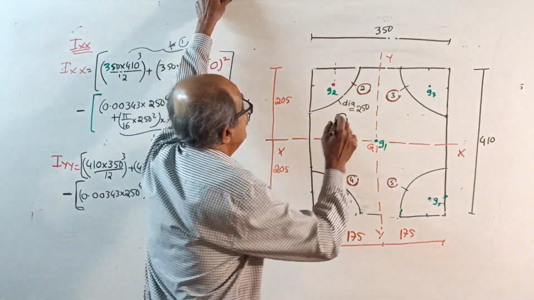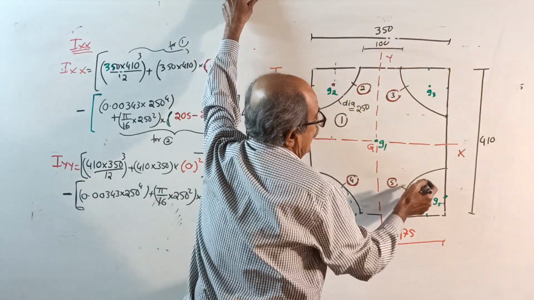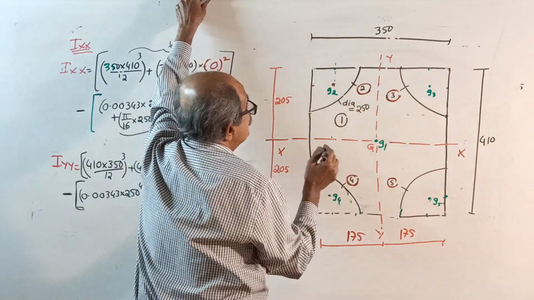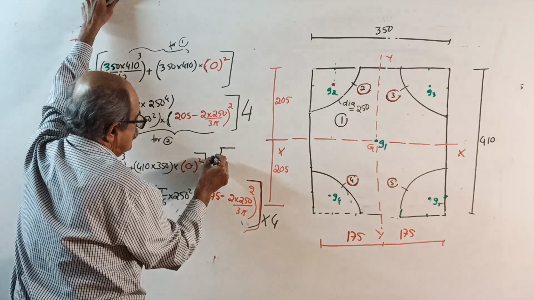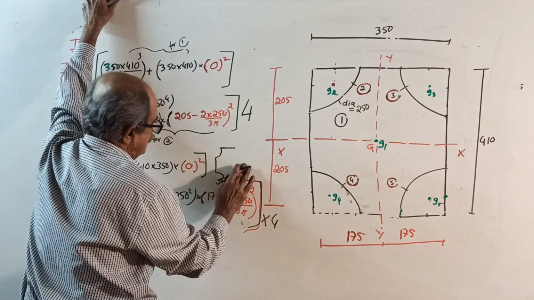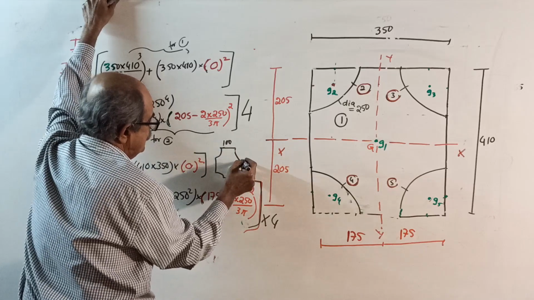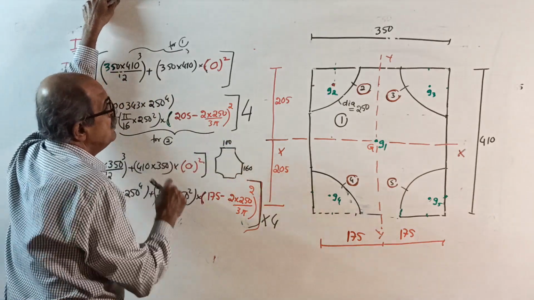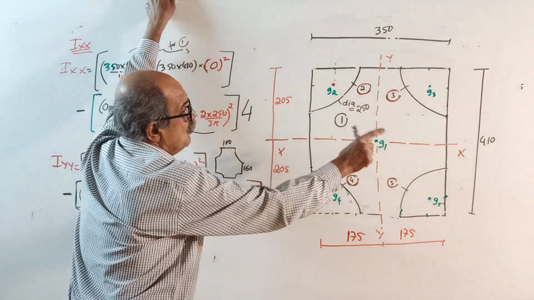But see, in the question, this one they told is 100, and this one they told 160, I think. Make a note afterwards. This they told 100, this they told 160. That's why 100 plus 125 plus 125 is 350, and 160 plus 125 plus 125 is 410.